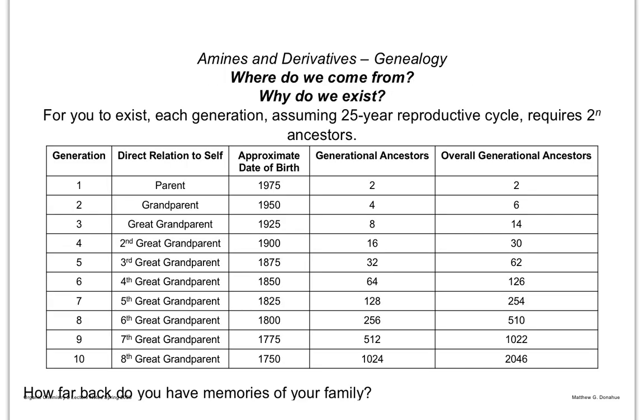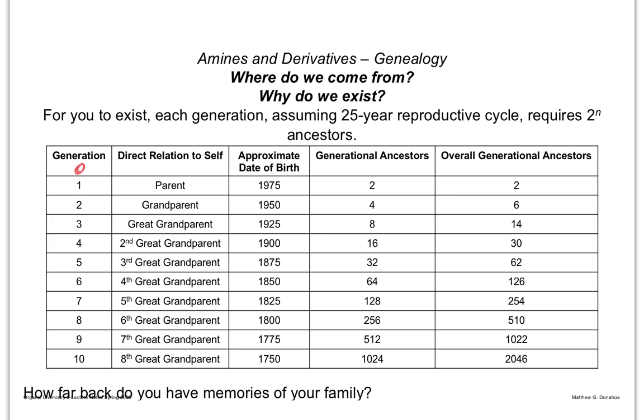So again, to put it into perspective, for you to exist, each generation, assuming a 25-year reproductive cycle, requires 2 to the n ancestors. You would be line 0 here.